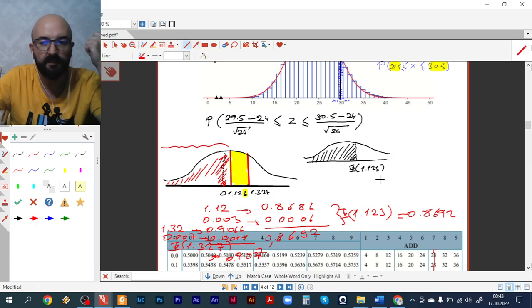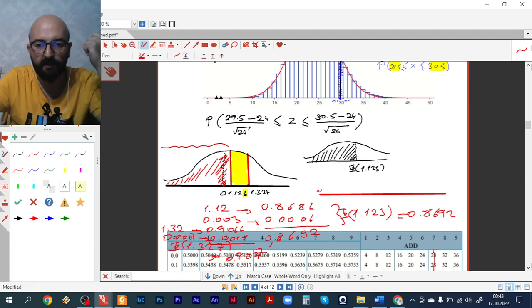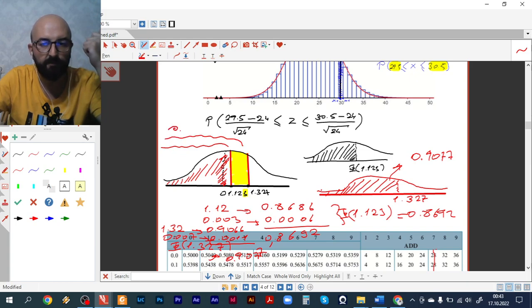Okay, and this value on the normal curve is the big area, and for 1.327 the big area means 0.9077.